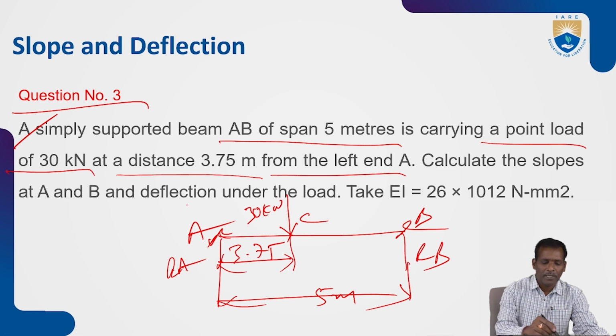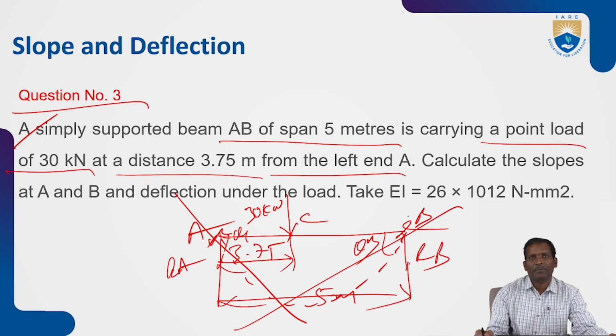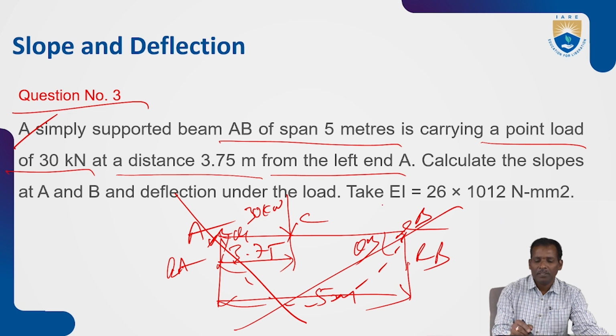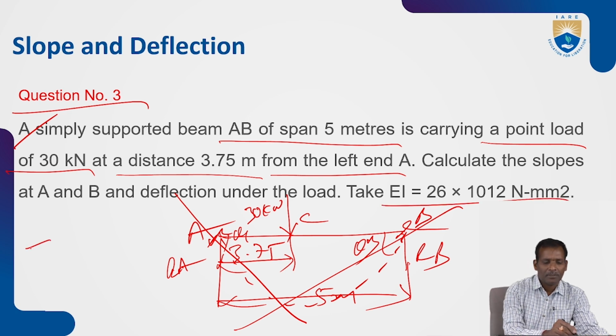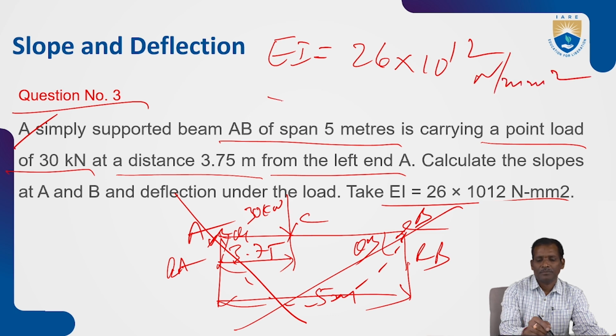Calculate the slopes at A and B. So what is the slope at A and B? Whenever this beam is deflected, there is deflection under the loads. Here EI is directly given, that is the flexural rigidity, EI is equal to 26 into 10 to the power of 12 Newton per mm square.